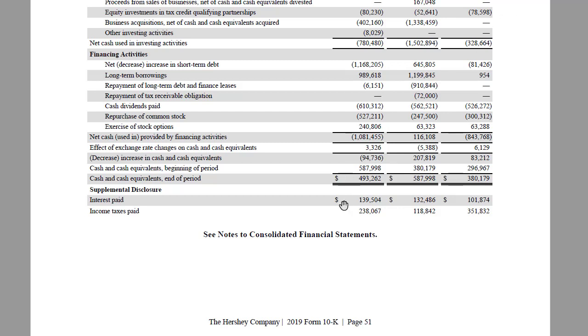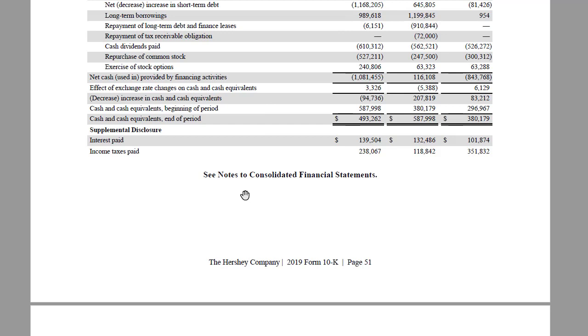Another key piece of information here on the cash flow statement, sometimes in different forms or with different items, but usually you will see interest paid and income taxes paid, because there are slight differences between the accounting, when an expense gets matched to the period in which it was incurred, and when it was actually paid. So in this case, we can see the actual interest that Hershey paid and the actual income taxes paid here.